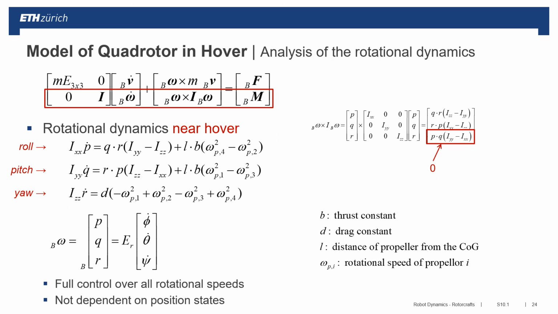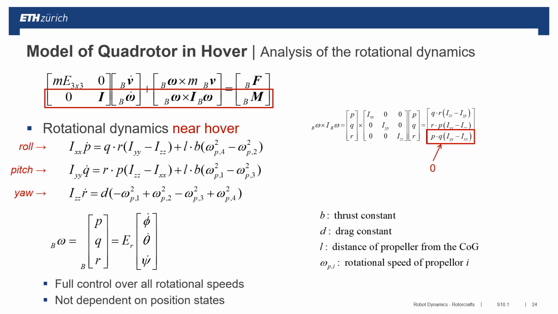After plugging all the geometric parameters, the coordinate system transformations, and the rotational speeds into our dynamic model, we can start to analyze it. In the first step, we have a look at the rotational dynamics. For the acceleration around the roll axis, which is the x-axis, we can see that this acceleration depends on the squared difference of the rotational speeds, plus an additional term which is coming from the rotation around the yaw axis.